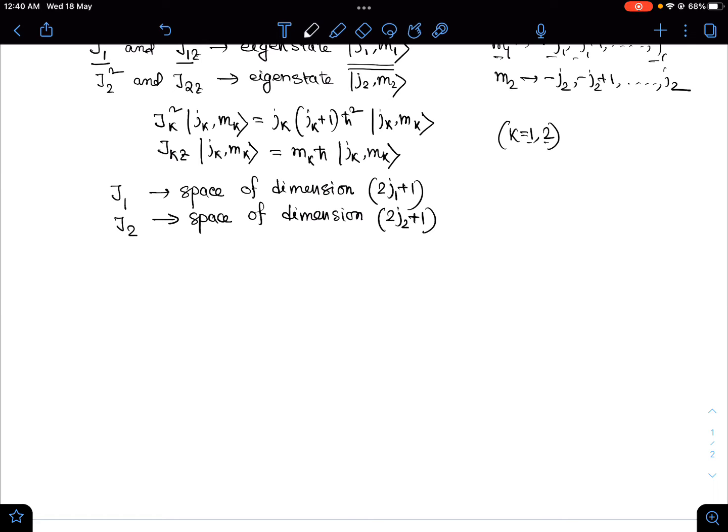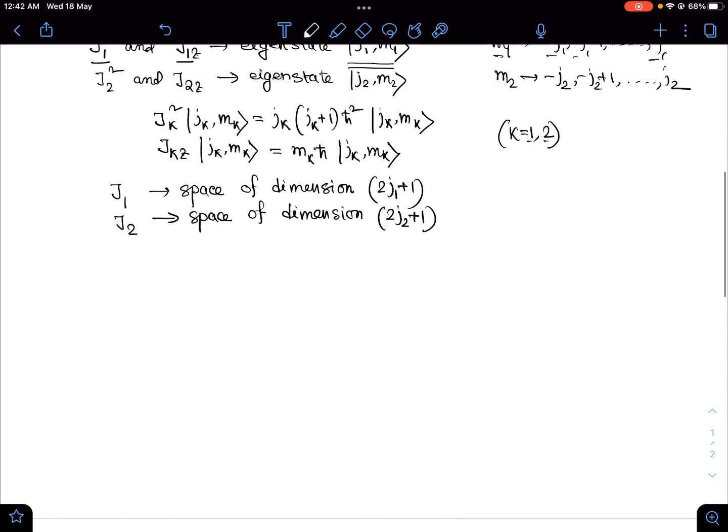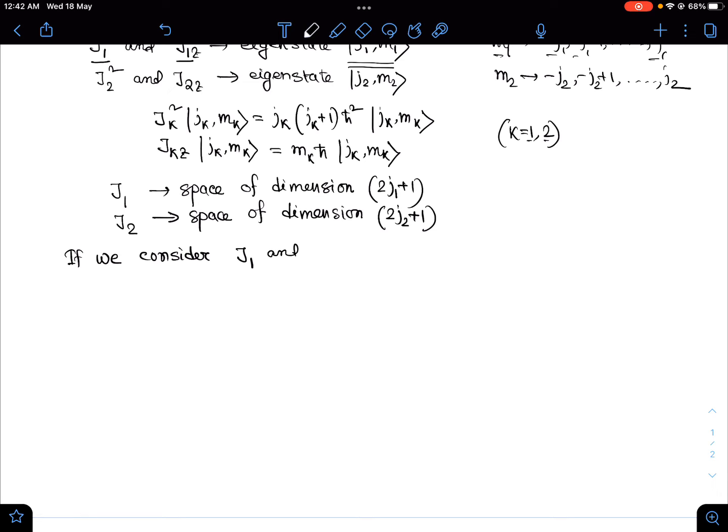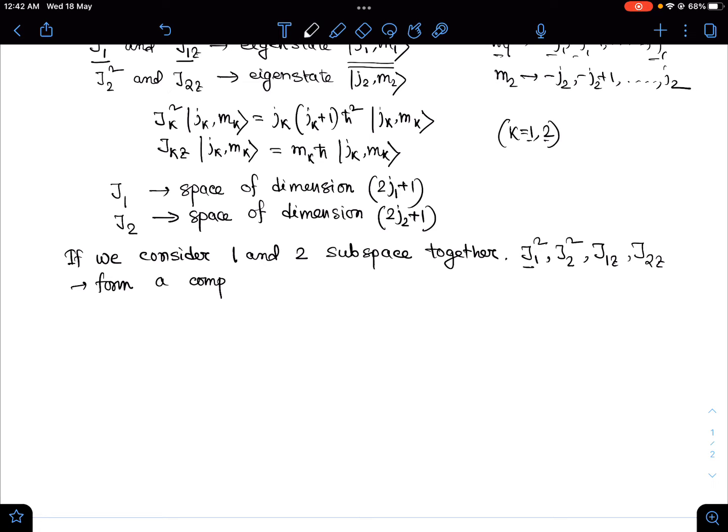Now if we consider these two subspaces 1 and 2 together, then J1 squared, J2 squared, J1z and J2z form a complete set of commuting operators. This is because J1 squared and J1z commute, J2 squared and J2z commute, and any components of two different subspaces also commute.